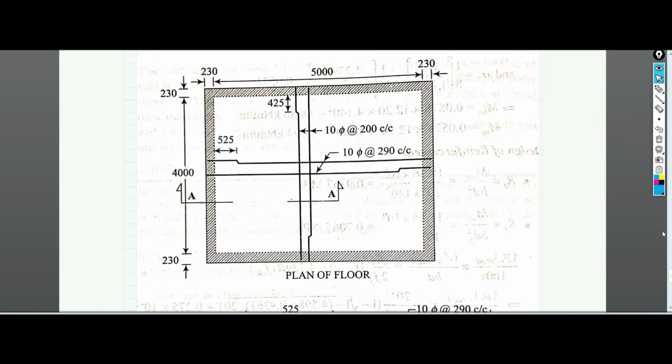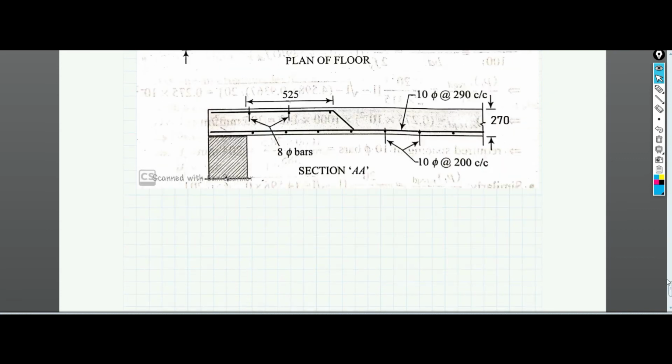So if you see the cross section, how it will look, these are the bars at 200 mm center to center, and one bar will continue, the next bar will crank up, at a distance of 0.1 ly, and the next bar will go straight, it will not be cranked, and the next bar will again be cranked.